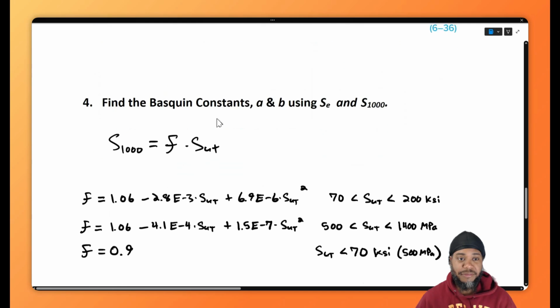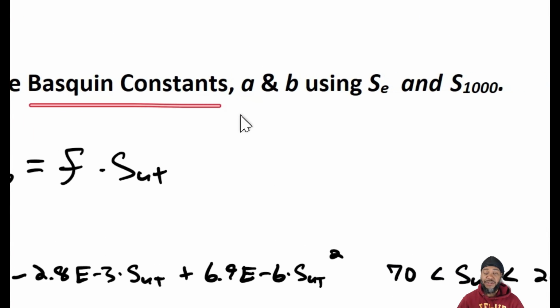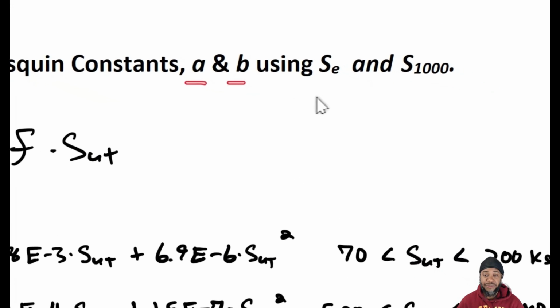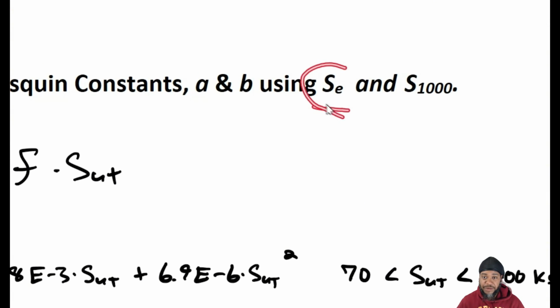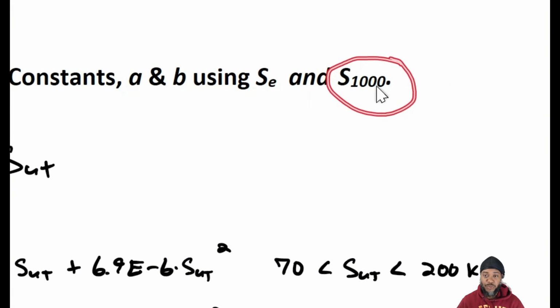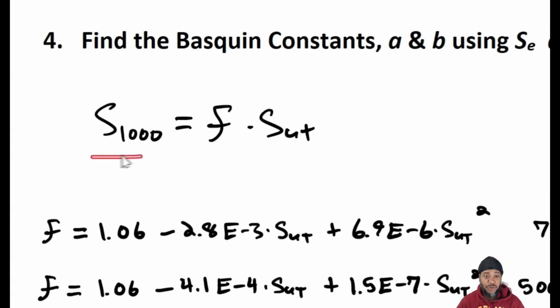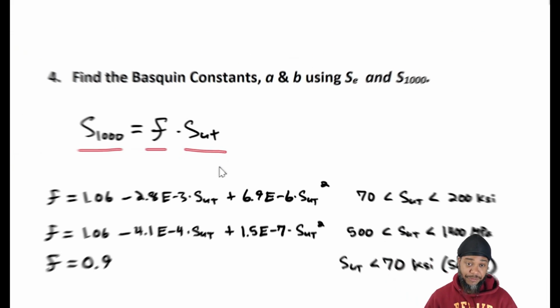All right. Now the next step is to find Basquin's constant for our particular material, to find the A and B parameters. To do that, we need our endurance limit, the one that we found for our actual part, and we need our S1000 point, which is the fatigue strength at 1,000 cycles. S1000 is equal to a factor times the ultimate tensile strength.